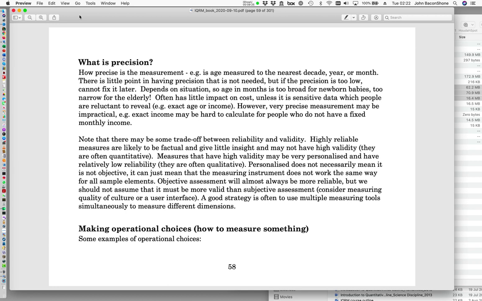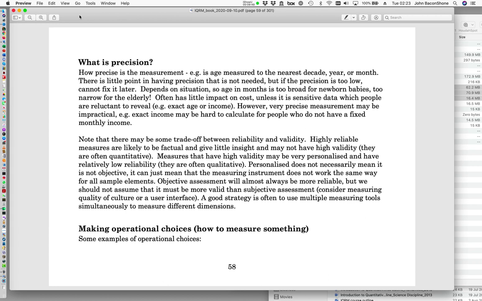It may be that it does actually need to be subjective. Now, of course, we don't have to only use a single measurement tool. We can use multiple measuring tools simultaneously to account for different dimensions, and also ensure we have both some highly reliable measurements and some highly valid measurements.